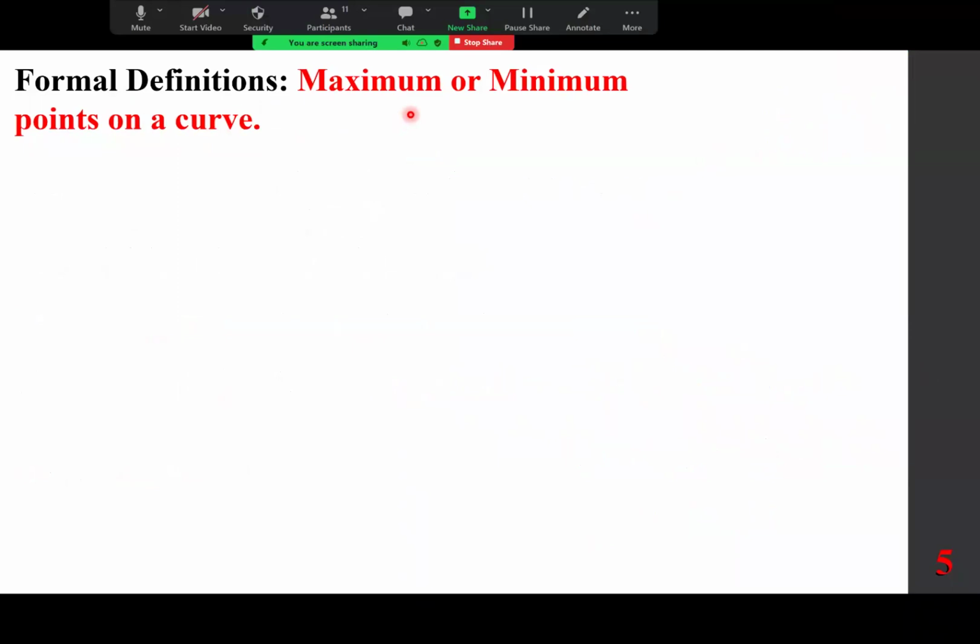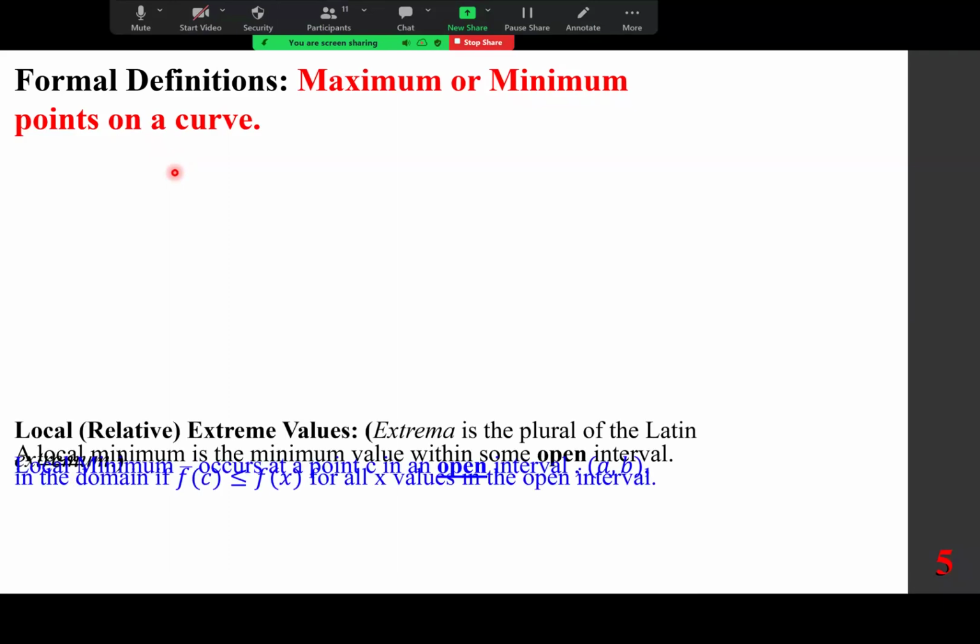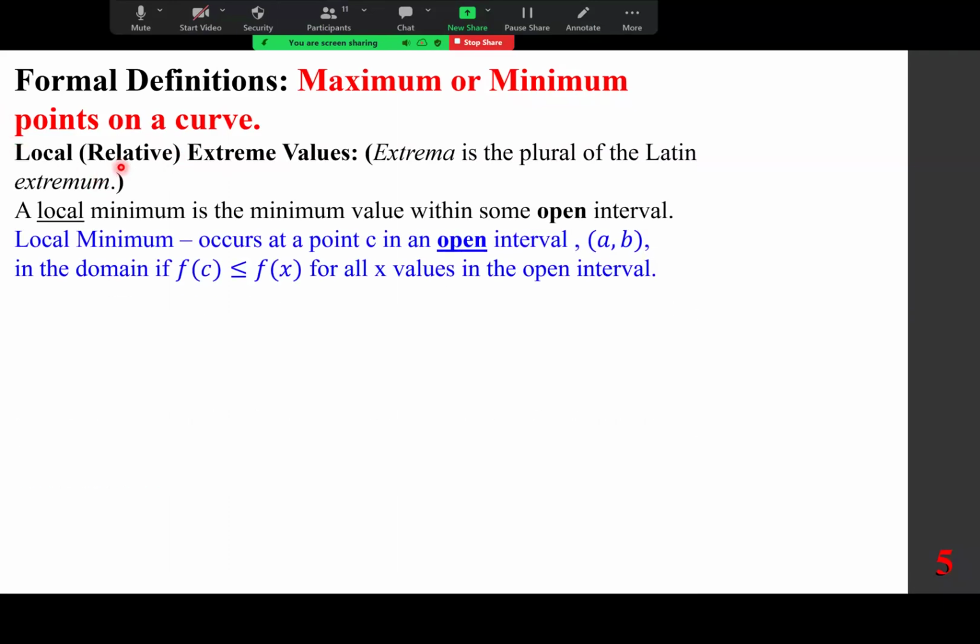Formal definitions: maximum or minimum points on a curve. Local, also known as relative extreme values. Extrema is the plural of the Latin extremum. A local minimum is the minimum value within some open interval.